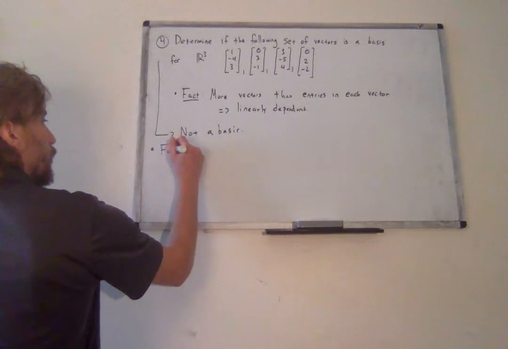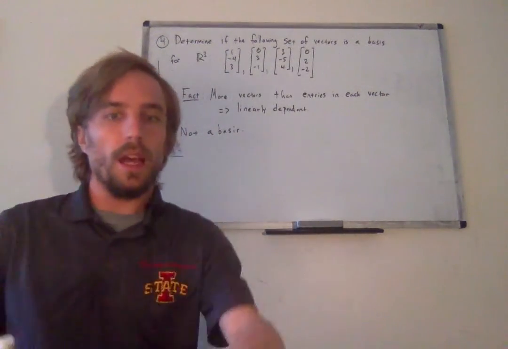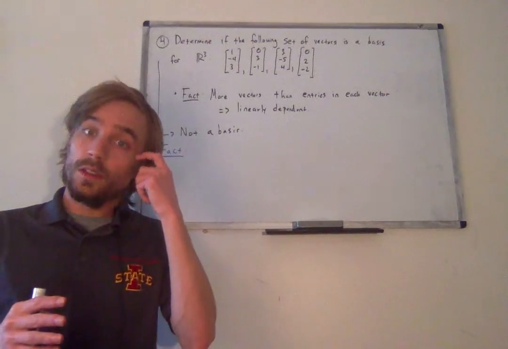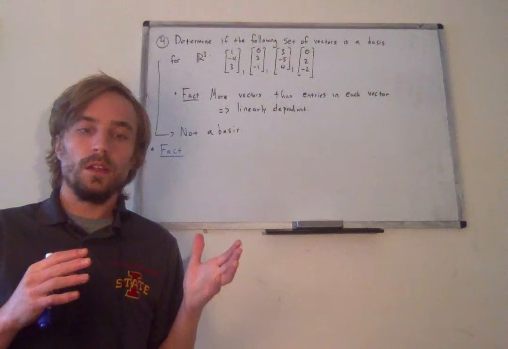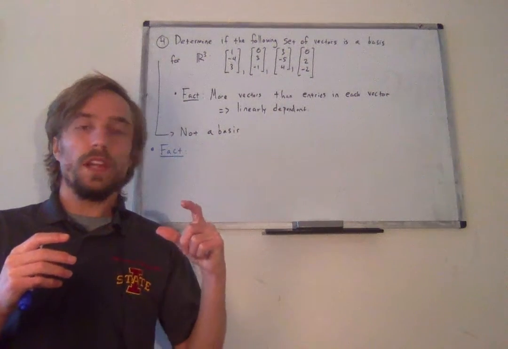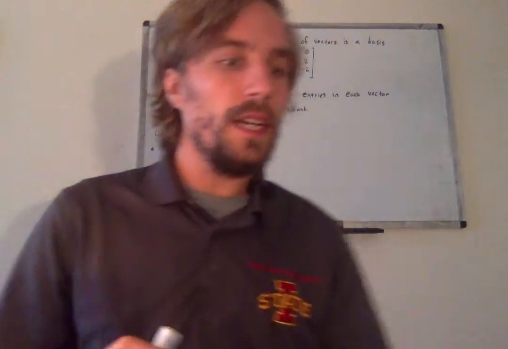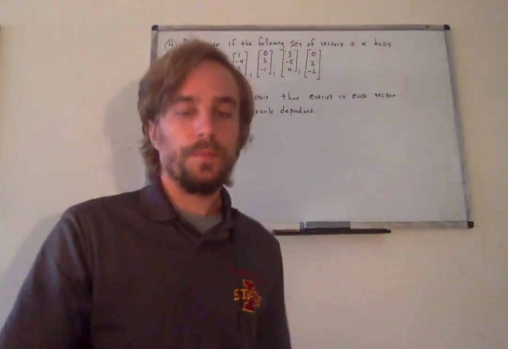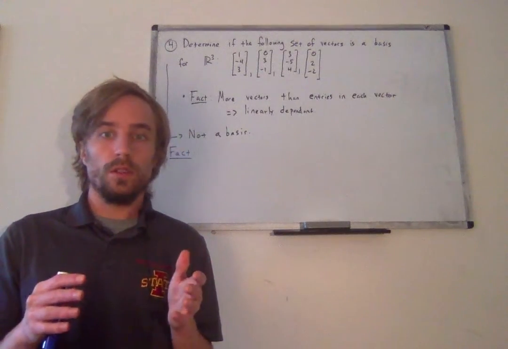And notice that the reason 3 is not a basis is sort of the opposite reason that 4 is not a basis. So 3, you're given 2 vectors, right? And if you imagine what's going to happen with the row reduction there, if you only have 2 vectors, you will never get a pivot position in every row.